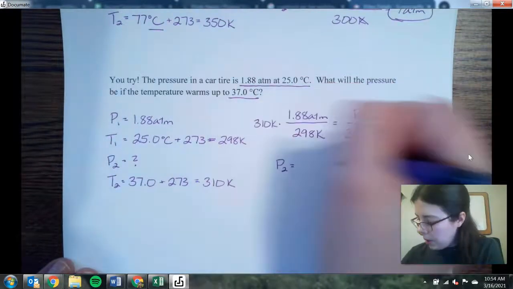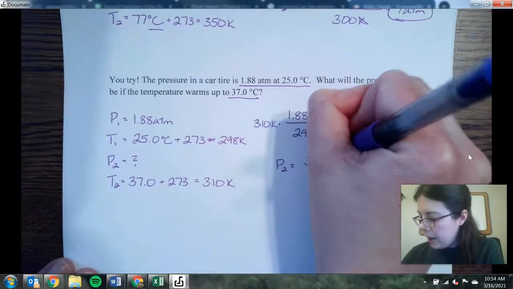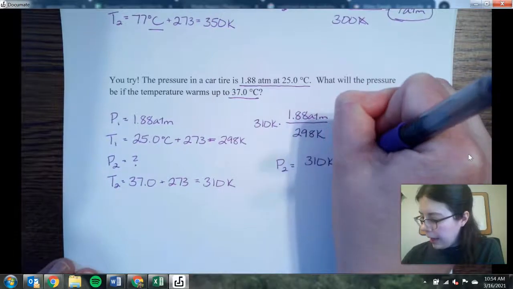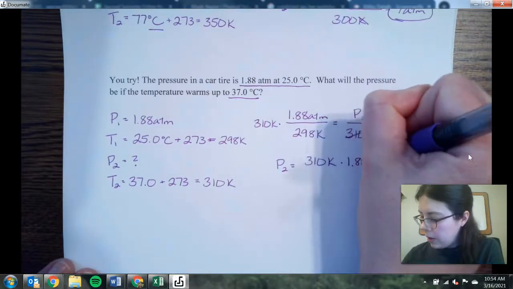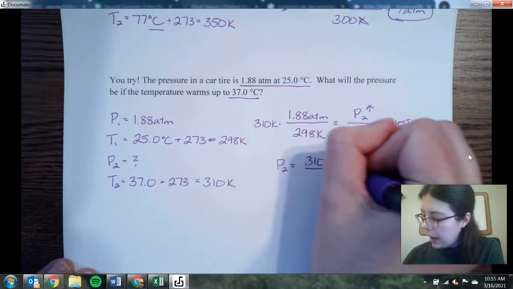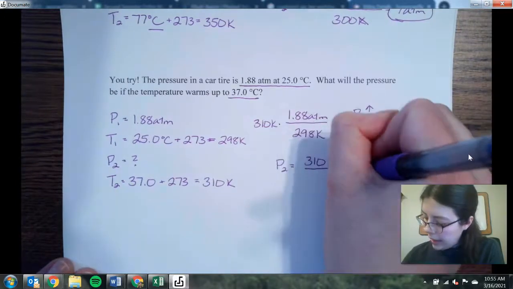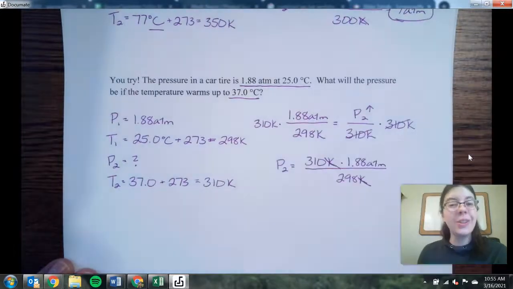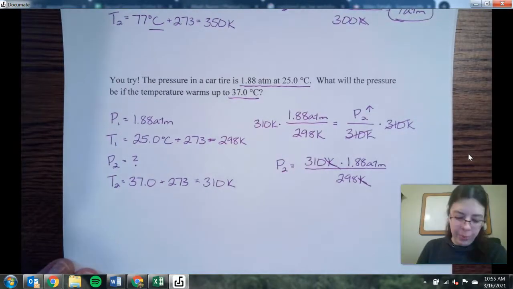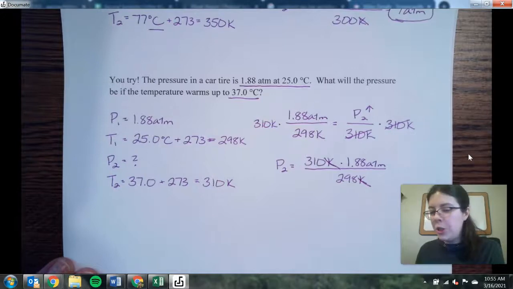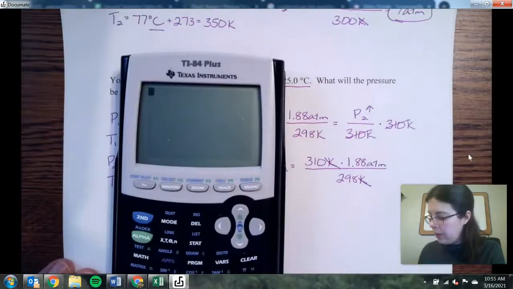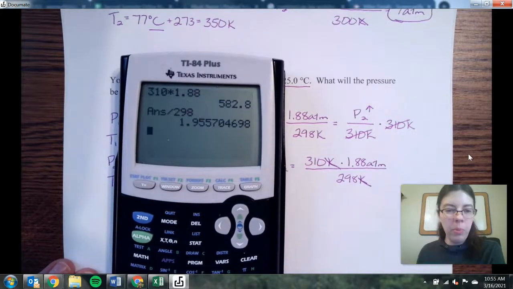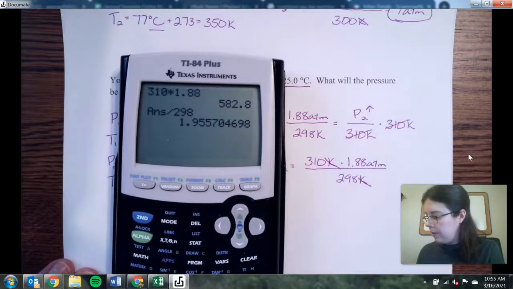P2 is equal to 310 Kelvin times 1.88 atmospheres divided by 298 Kelvin. So our Kelvins cancel, leaving us with atmospheres, which is good because we want a unit of pressure. So if I plug this into our calculator, 310 times 1.88 divided by 298 gives me 1.955.